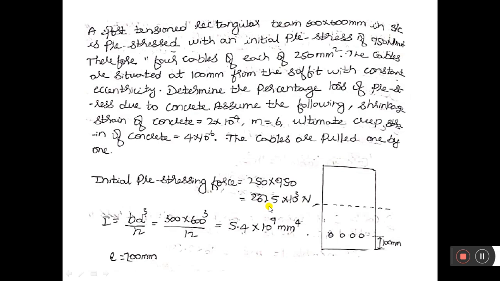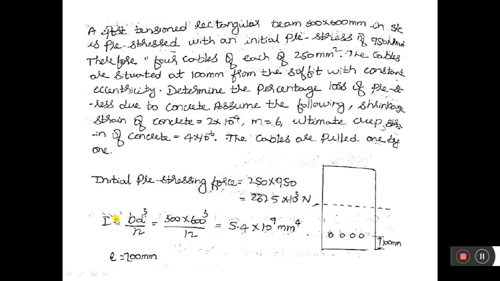So 237.5 kilonewton is the initial pre-stressing force which is applied for each cable. For this cable a force of 237 kilonewton is applied. For this cable also, and for this and this cable also, the force of 237 kilonewton is applied.